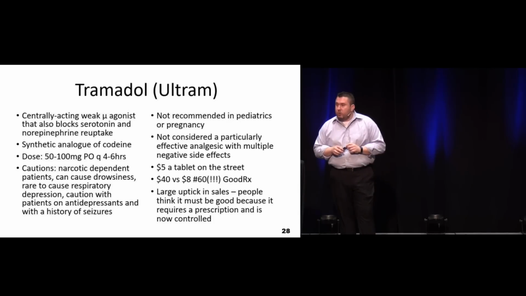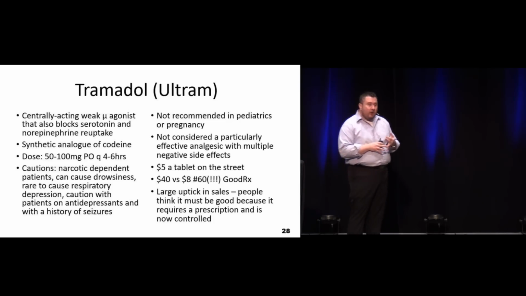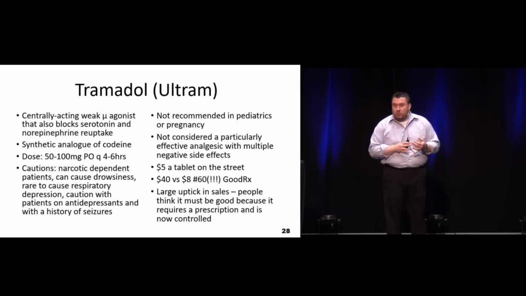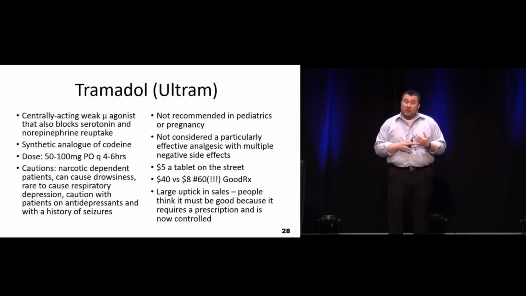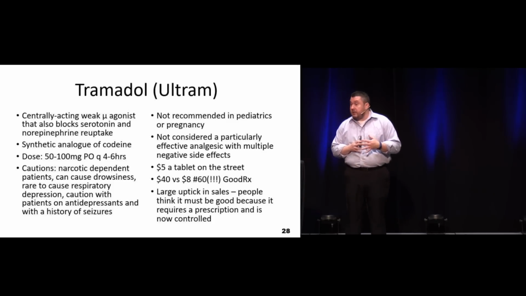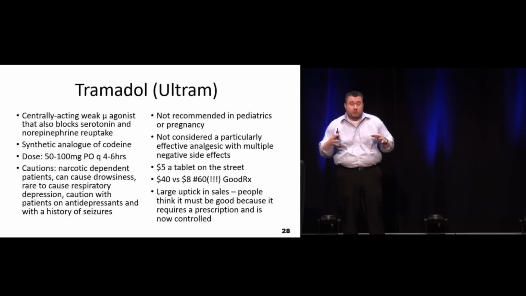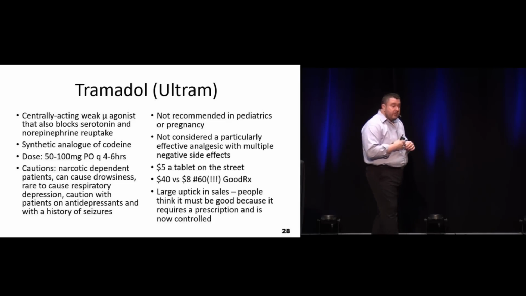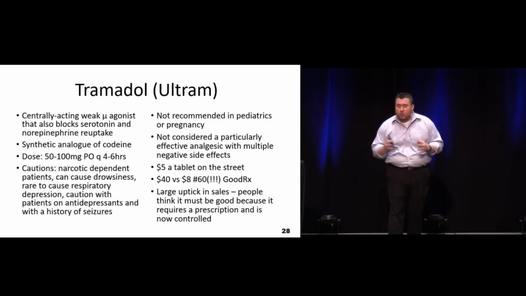But probably it's not a good drug to use in people who are already on serotonin drugs, if they already have some risks for serotonin syndrome, or they're on maybe an MAO inhibitor. It has been known to precipitate withdrawal symptoms in some opioid-dependent patients. It may cause some interaction or other things with drugs that affect serotonin levels or norepi levels.